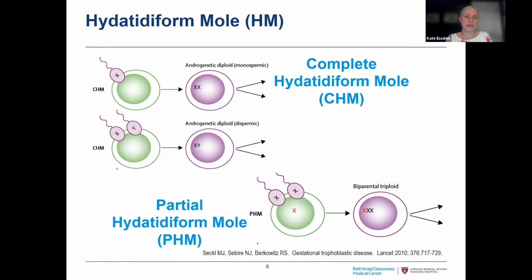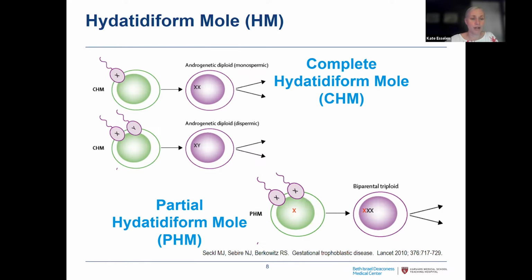So complete molar pregnancy. Here's a cartoon of what happens, to put it very basic. In a complete molar pregnancy, it's a diploid, meaning it has 2 sets of chromosomes, but all the genetic material is coming from the father. So the ovum is actually empty and void of maternal chromosomes. And instead, either a single sperm or 2 separate sperm fertilize the ovum.